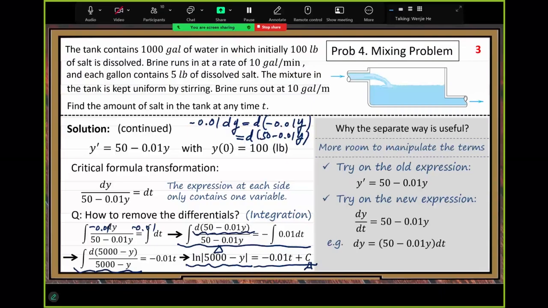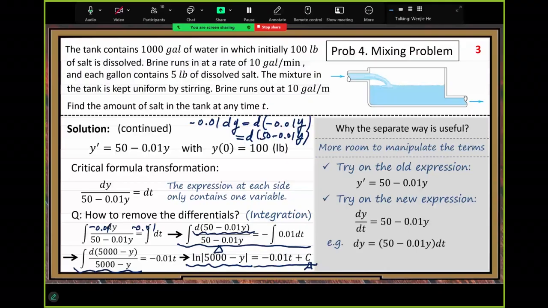We need to make some good argument. Remember our 4 steps. Step 3, after we find a solution, step 4, we need to do some interpretation.